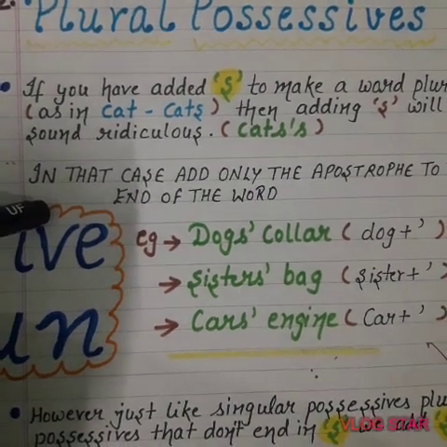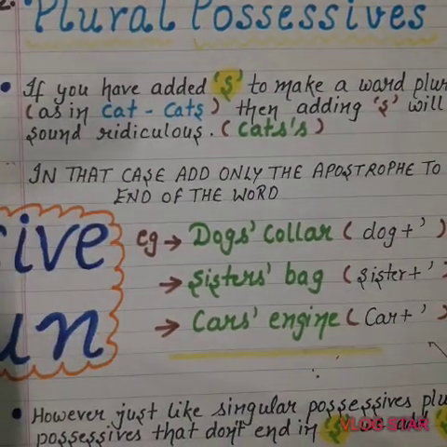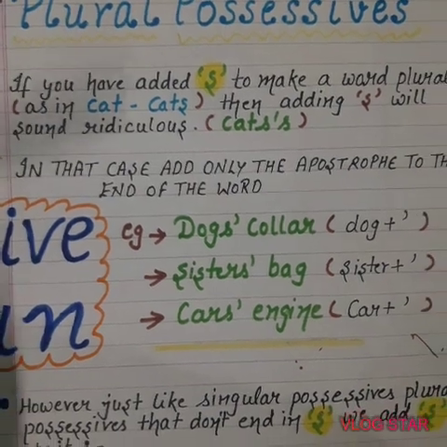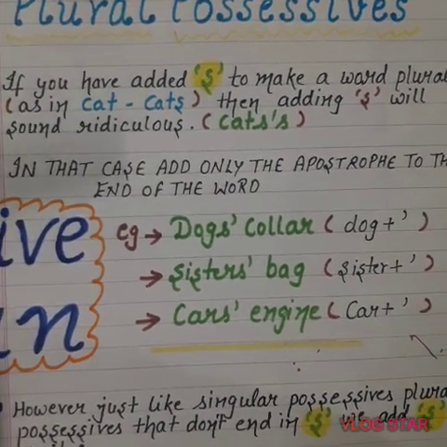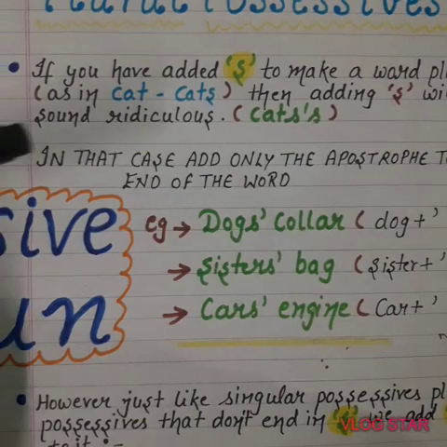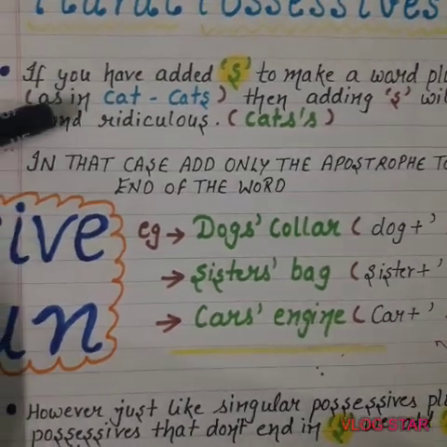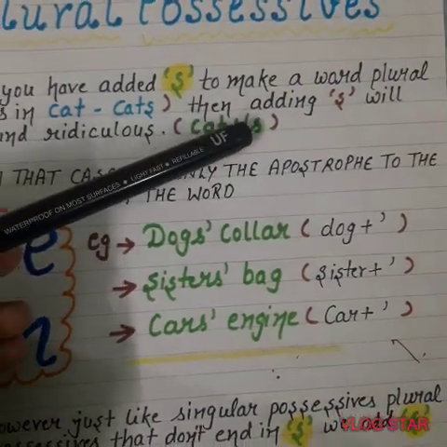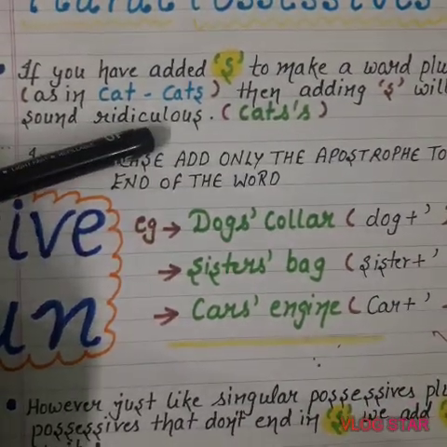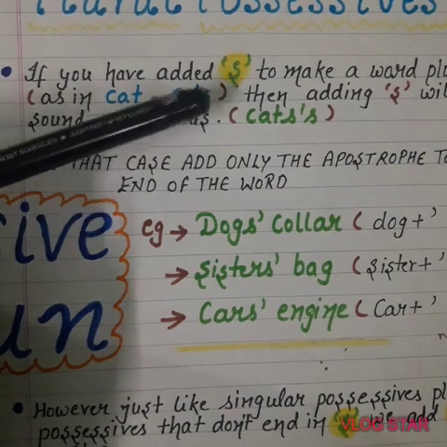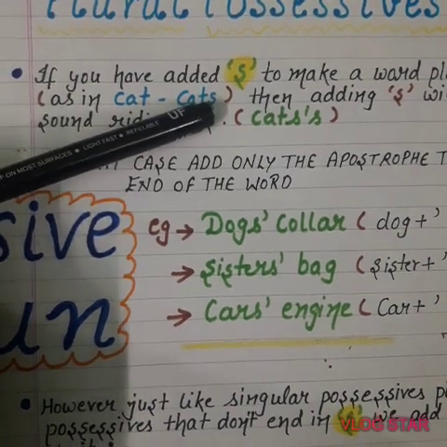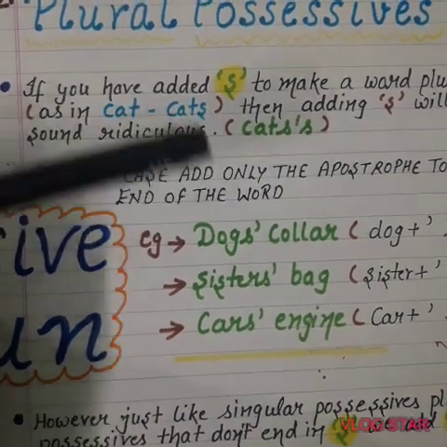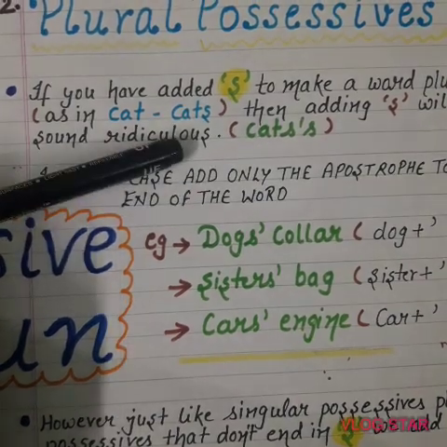In that I have told you that most plural nouns are formed by adding s. ज़्यादातर जो plural nouns होते हैं वो कैसे बनाए जाते हैं? s add करके. So see the example, cat, cats. Then adding another 's will sound ridiculous. If s is already given there, and you once more add s to show the possession, the sound will be ridiculous.